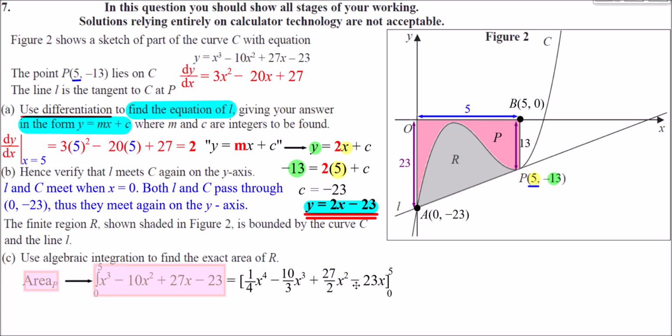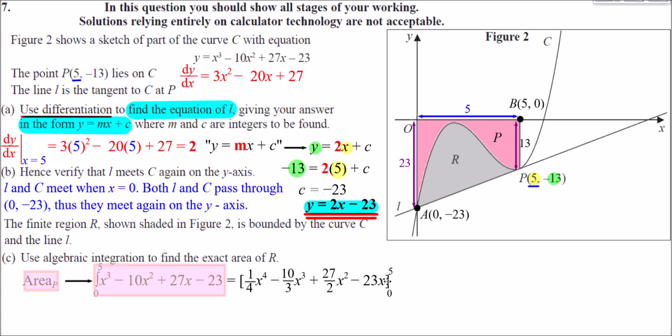So I now need to just input the upper limit of 5, and then if I really wanted to, input the lower limit of 0 and subtract it away. But hopefully you can see, if I were to input x being 0 into all of these terms, that would just give me 0 for everything, and so there's no real point in putting in the lower limit because it's going to be 0 anyway.